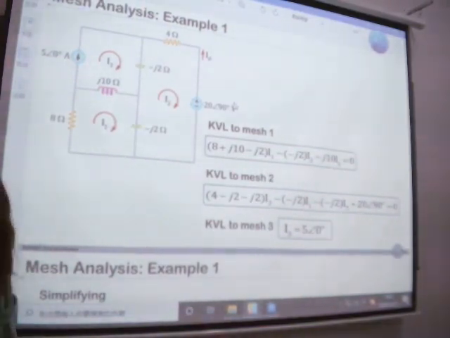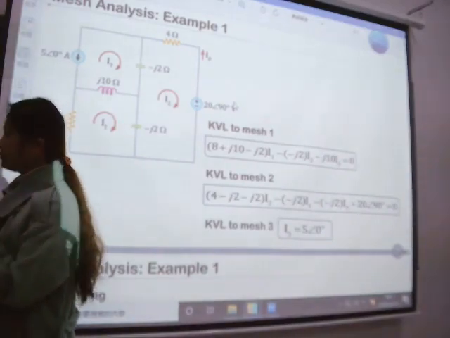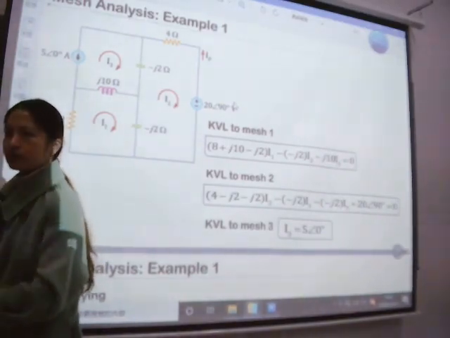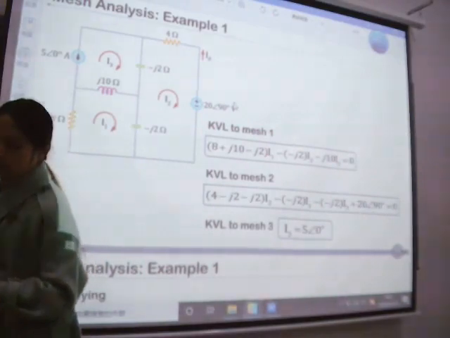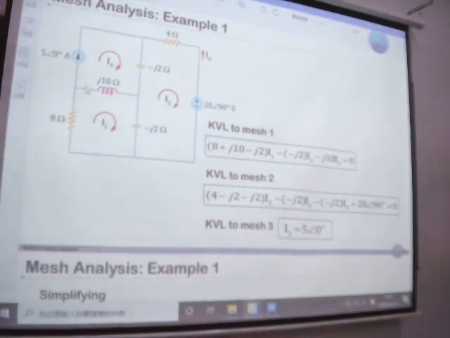Is this minus V or just V? It's V because it's a voltage rise. No, this one is a current source, so this point is positive and this one is negative. Follow the arrow, it's a rise.